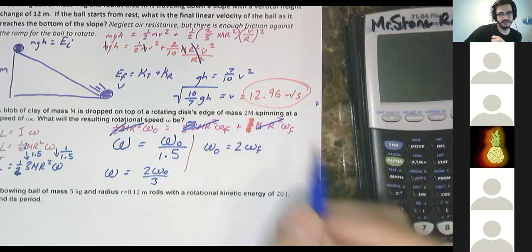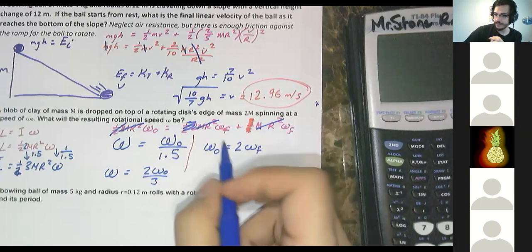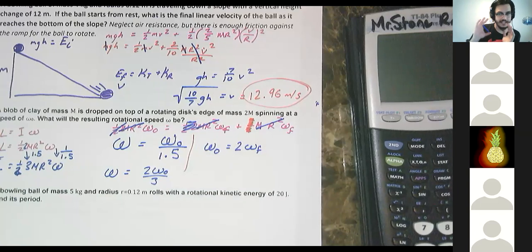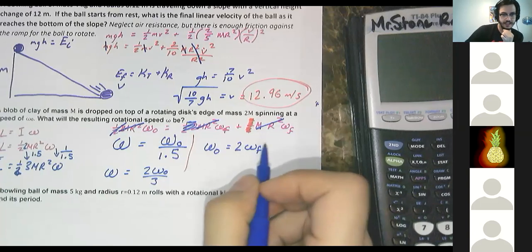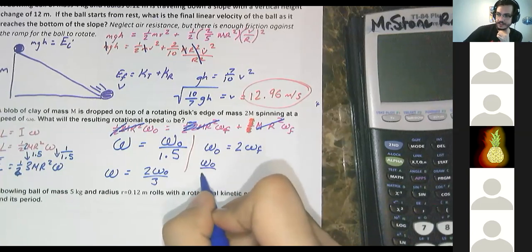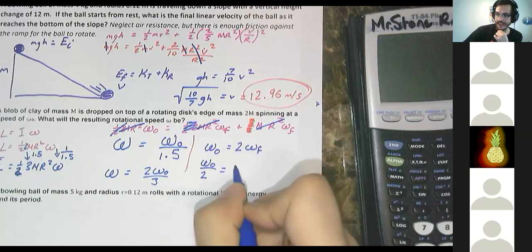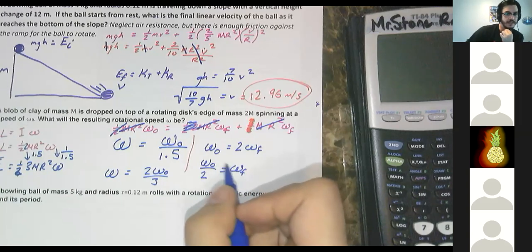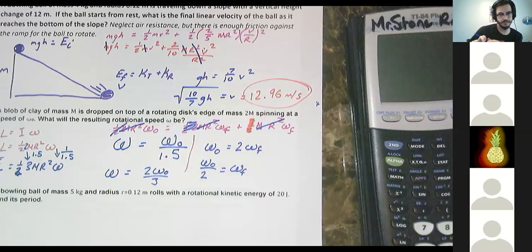So we'd just be adding the 2 omega finals because they're a like term. So if we follow the reasoning that it maintains its integrity, it does not flatten out into a disc like pizza dough because it is a thick lump of clay, and it lands right at the edge, in that case, omega naught is half of our final velocity. Or our final velocity, excuse me, is half of the original.